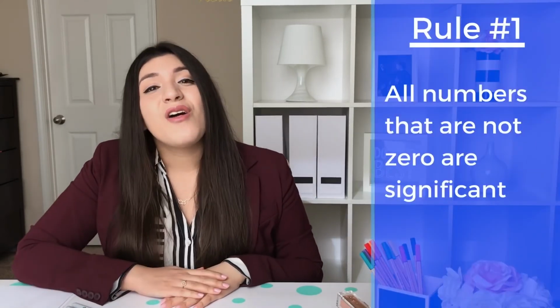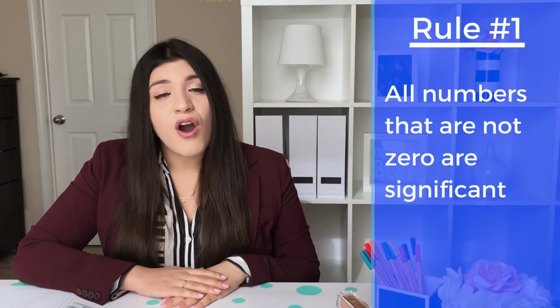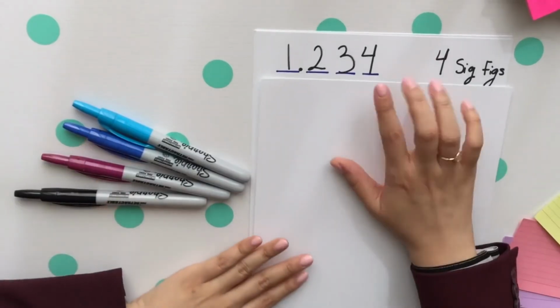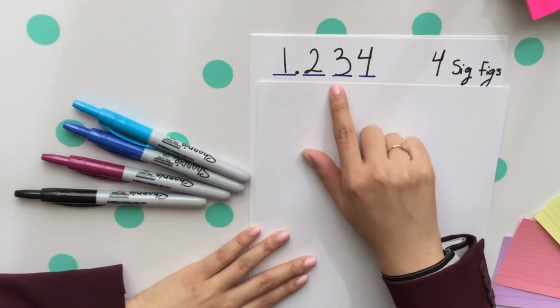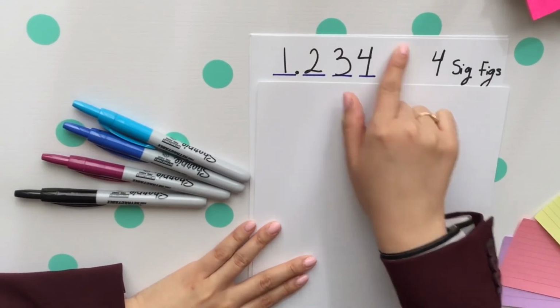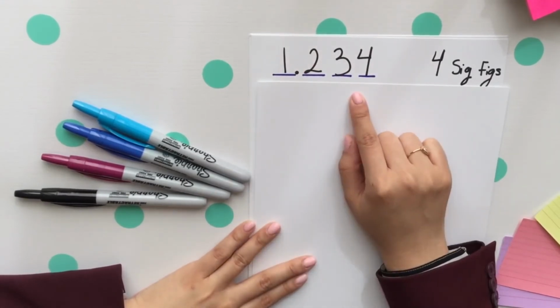So what are significant figures? Significant figures, or sig figs, are the digits within a number that help determine how accurate a data value or measurement is. And of course, there are rules. Rule number 1, all numbers that are not 0 are significant. Looking at this first example, every single one of these digits is significant because they are non-zero numbers.